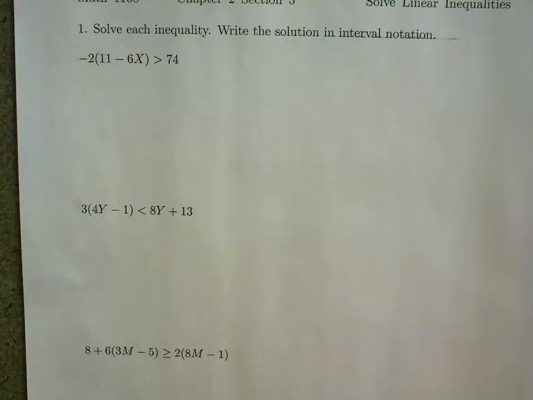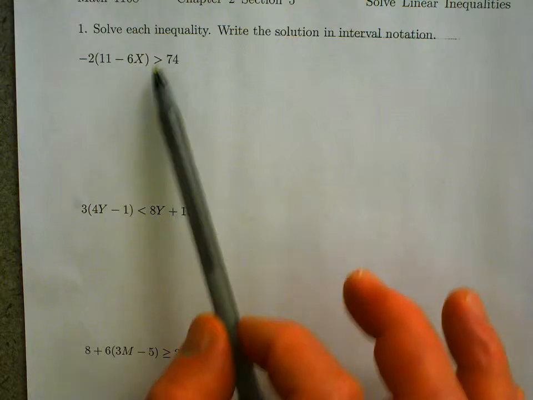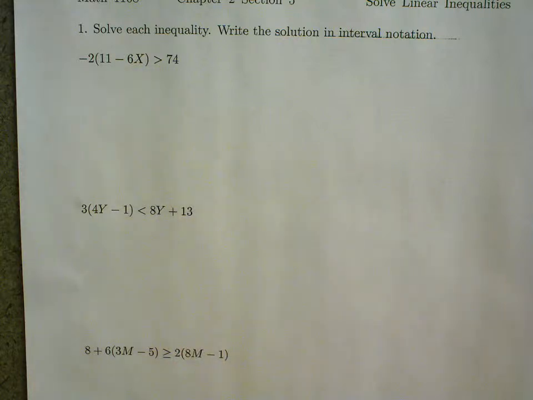And another thing about solving linear inequalities, an important detail to remember: if you multiply both sides of the inequality by a negative number, you have to switch the inequality to its opposite.